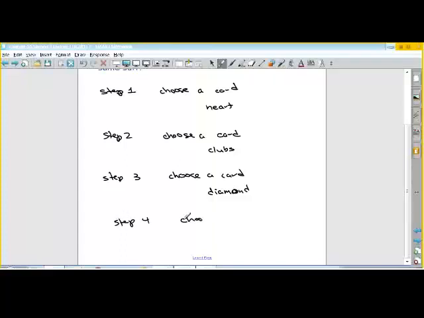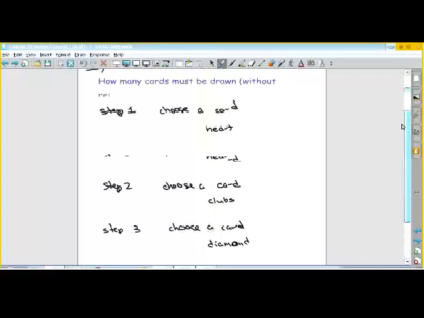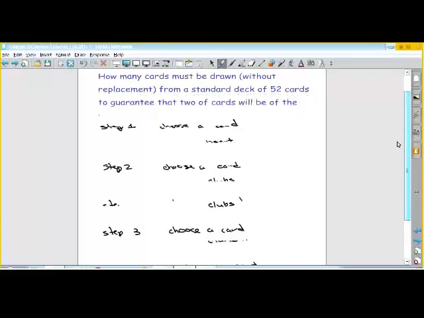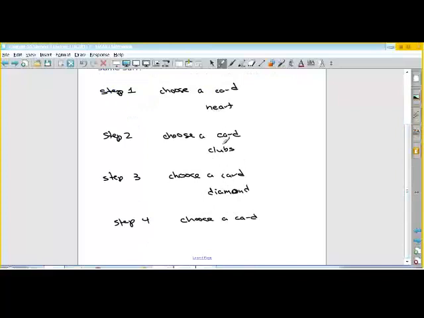And step 4, again, the only suit that I can choose that will allow me to keep doing this without having, what do they call, what's the word they used? 2 cards of the same suit. So now I've got 3 different suits. The only one left is spades.